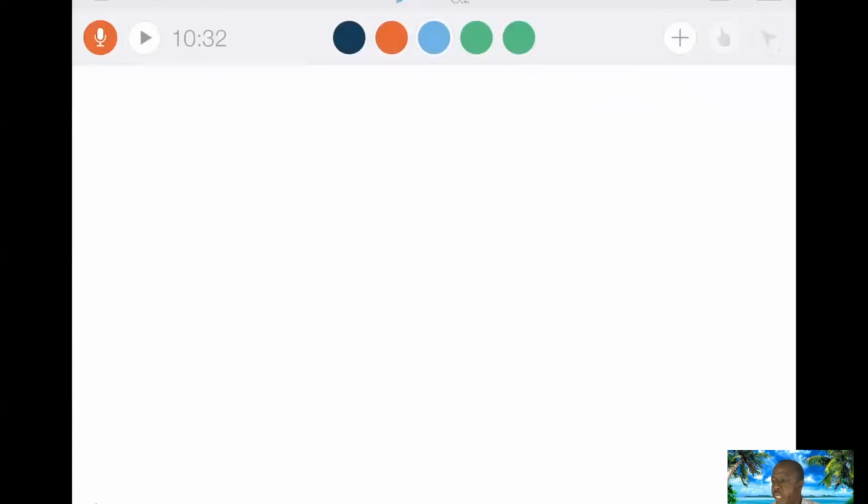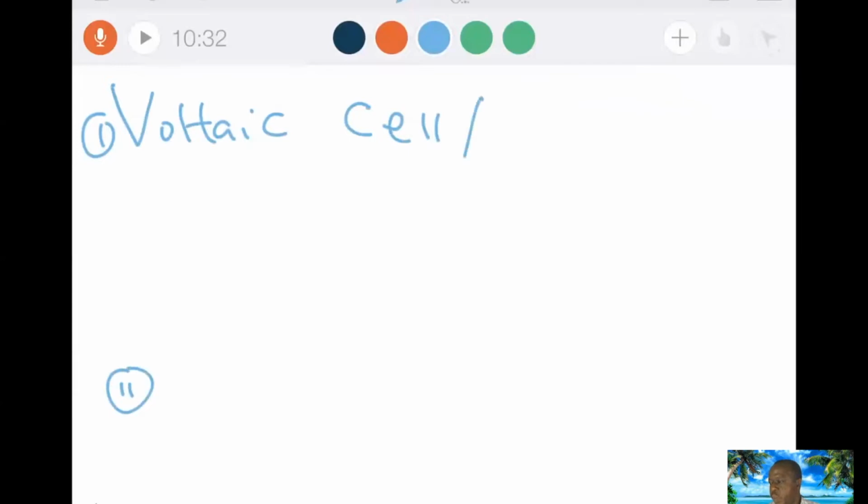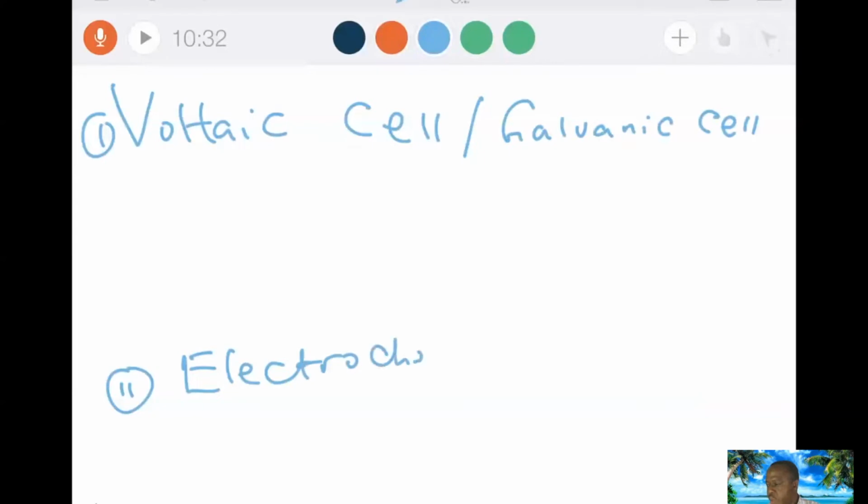We have 2 types of cells: voltaic cell, and sometimes this is called galvanic cell. And then this one, electrochemical cell, which we are not going to look at.